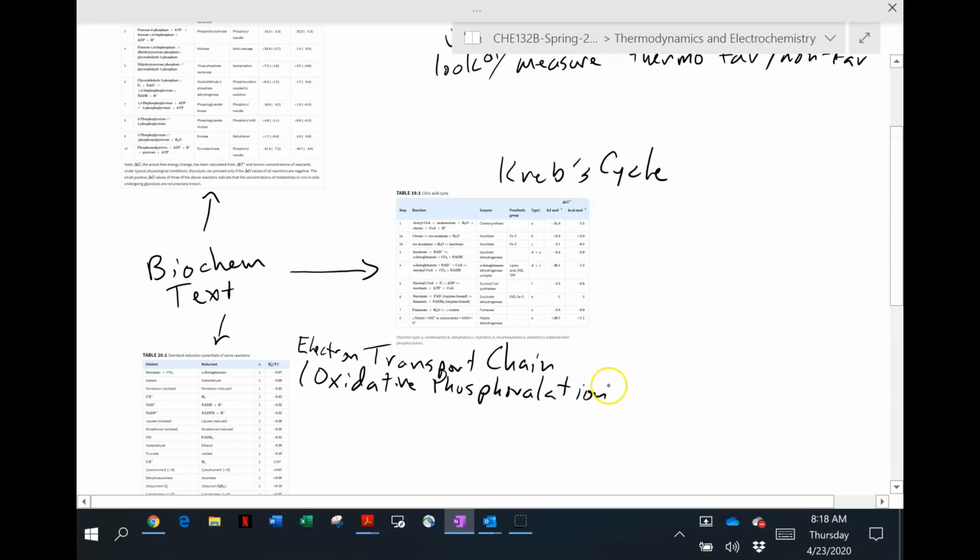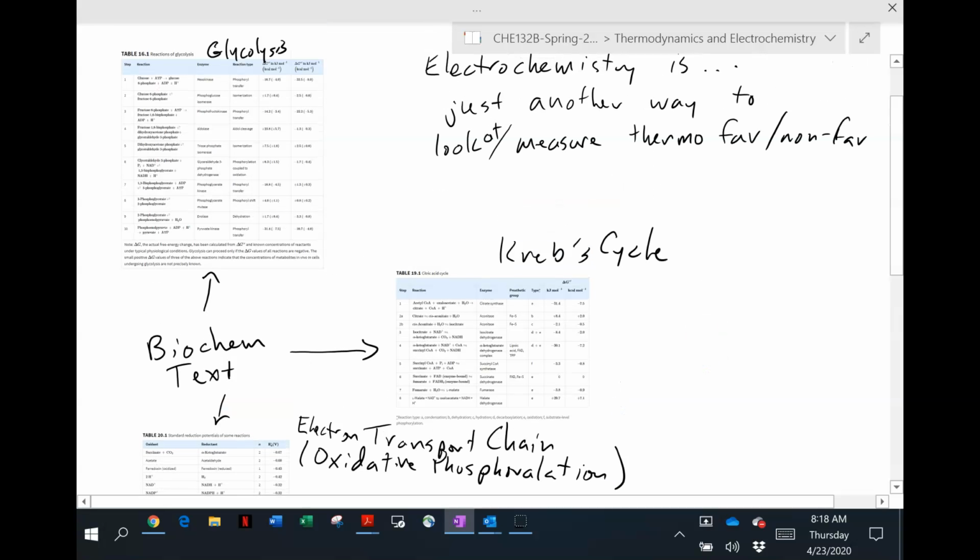And what I wanted you to see here is that these energy values are delta G. This one is in kilojoules per mole, and this one is in kilocalories per mole. For the old timers, the value in parentheses is the kilocalorie per mole. The value that's not in parentheses is kilojoules per mole.